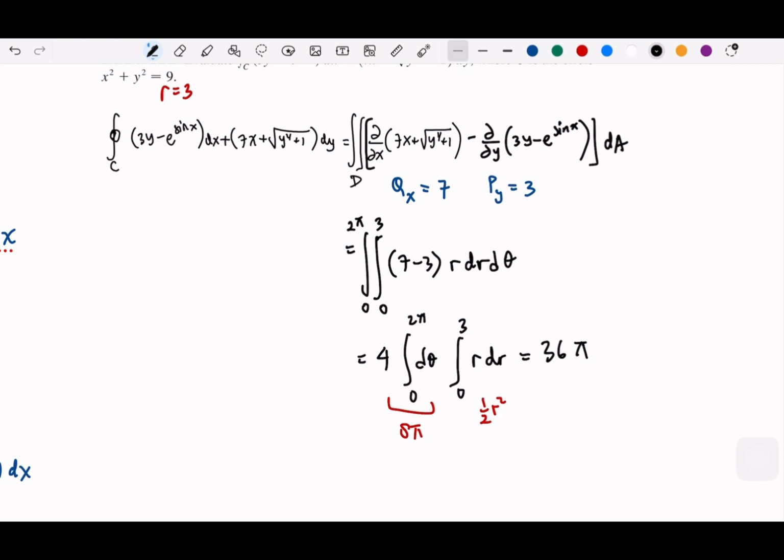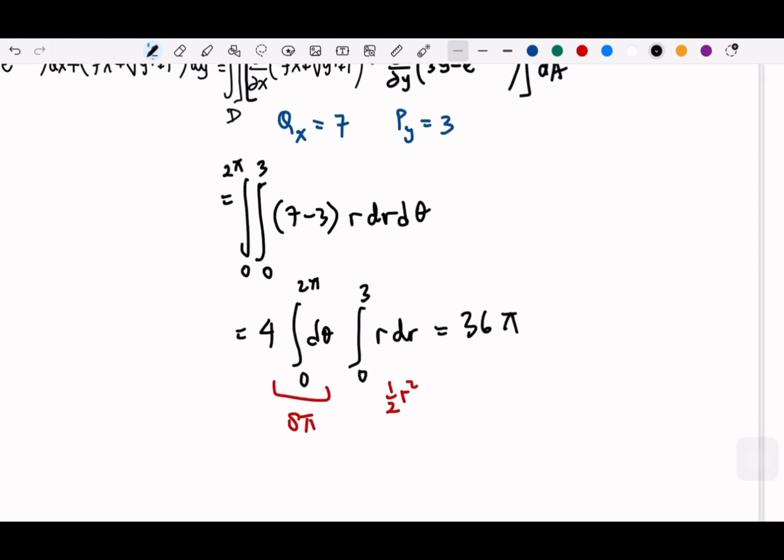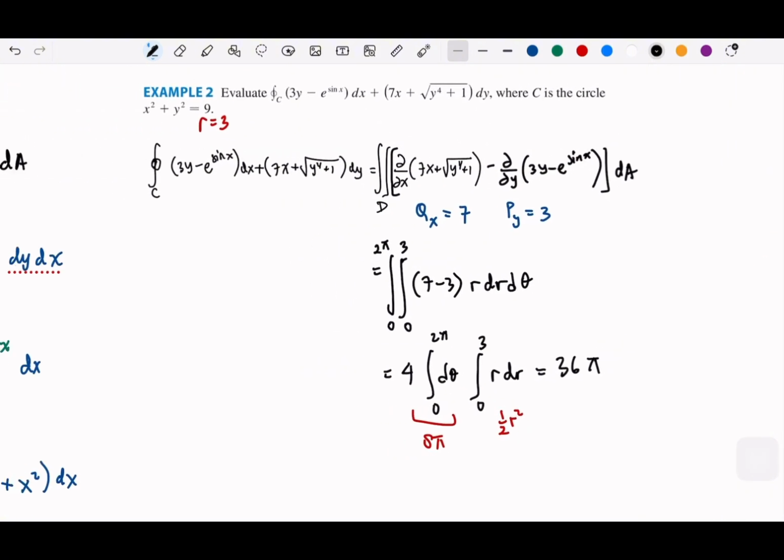But instead of using the method for polar double integrals, I think up until now we get the idea that this could also be written as 4 dA, and we know the area is just a circle, right?